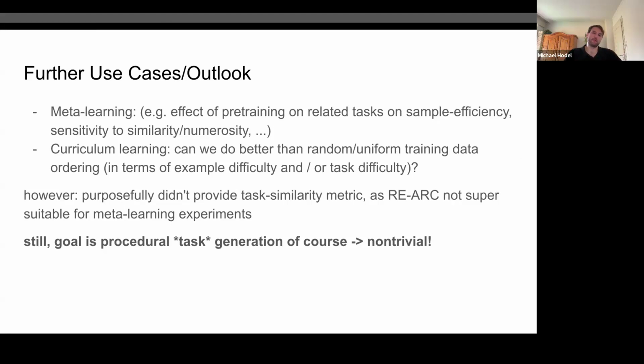So, what I think one could think of is using this data also to do some meta learning or curriculum learning experiments, but I didn't really provide any metric to make it more feasible to do that, on a level of tasks, where you try to see how well you can generalize from one task to the other, because really re-arc only provides still the same 400 tasks, so it's not really inherently suited for meta learning experiments.